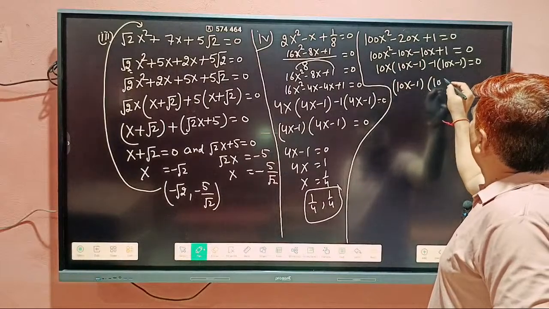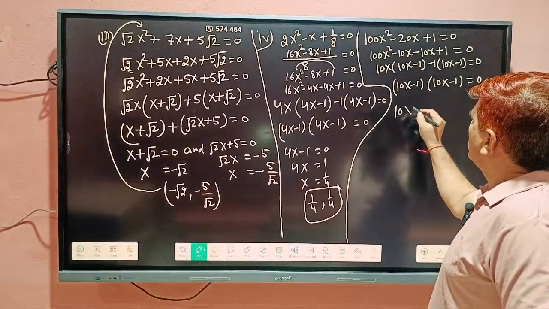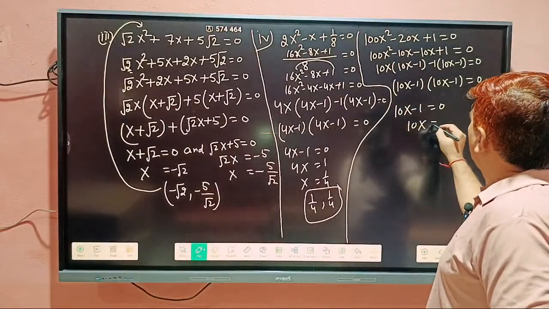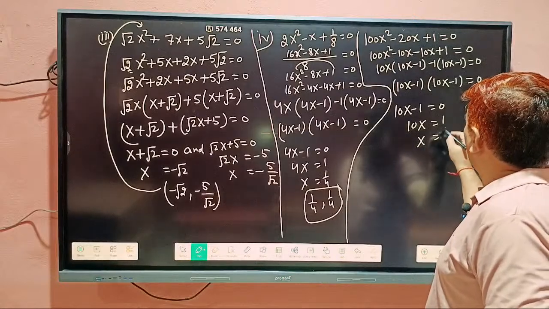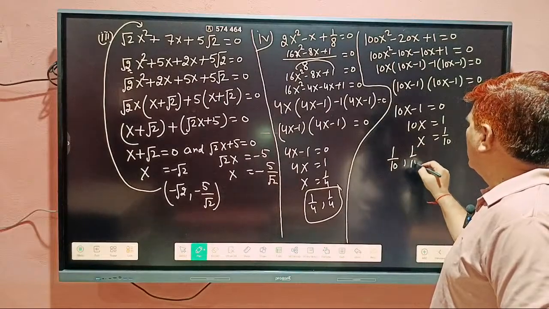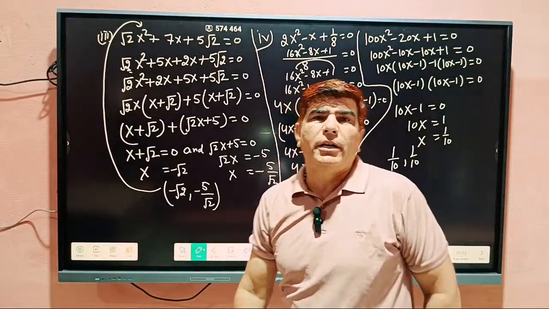So 10x minus 1 is left. Put this equal to 0. So 10x is equal to 1, x is 1 by 10. So its roots are 1 by 10 and 1 by 10, the roots of the given quadratic equation.